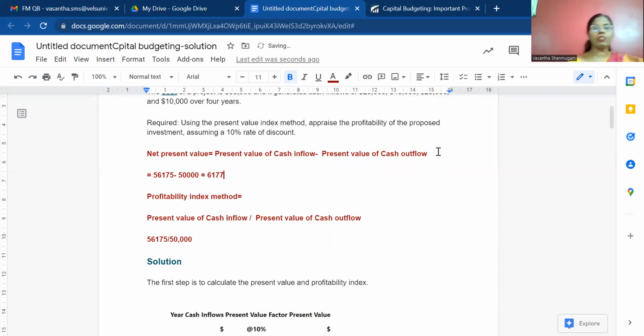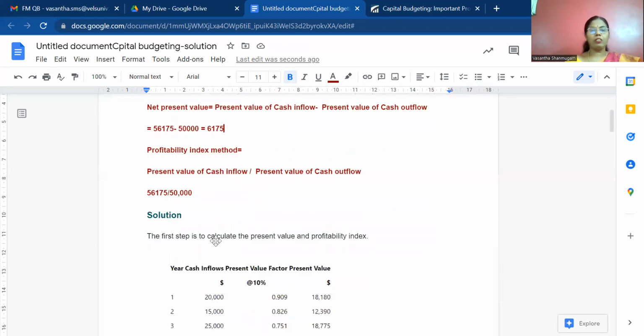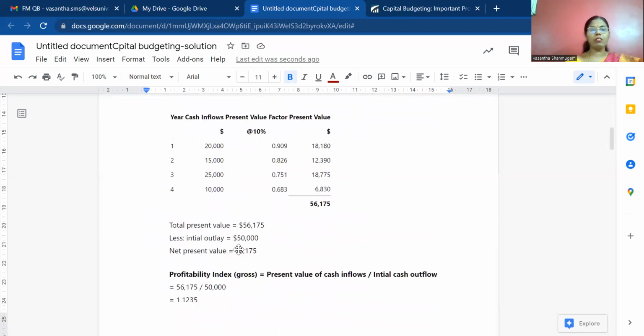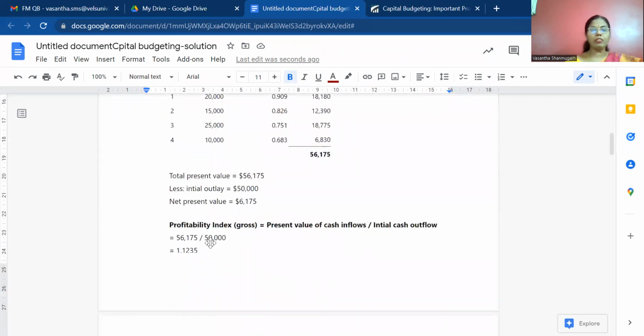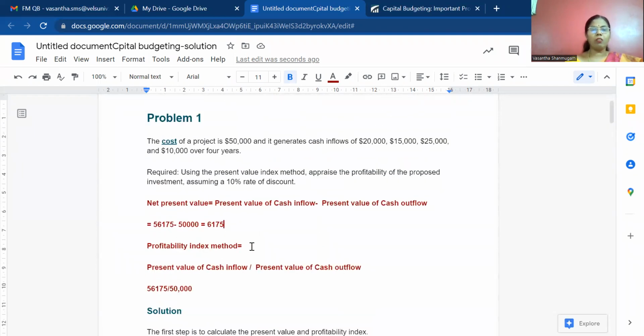It means that your present value of cash inflow is more than the present value of cash outflow. So here 6,175 is the answer. Then when you divide cash inflow by cash outflow, you get 1.1235.